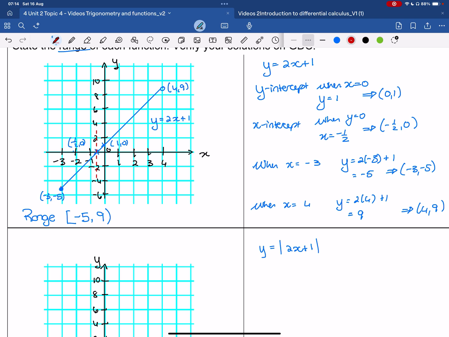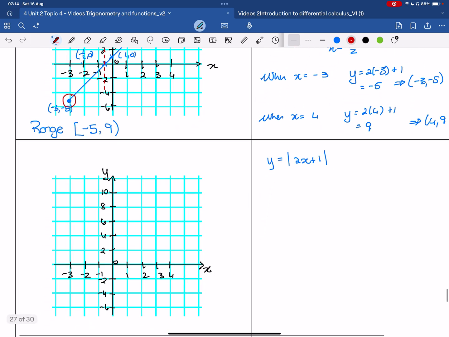So that means at this point, (-3, -5), all that means is that moves up to (-3, +5). Okay, so all I'm doing is reflecting any points that are below my x-axis to the left of my x-intercept up to the positive on the y-axis.